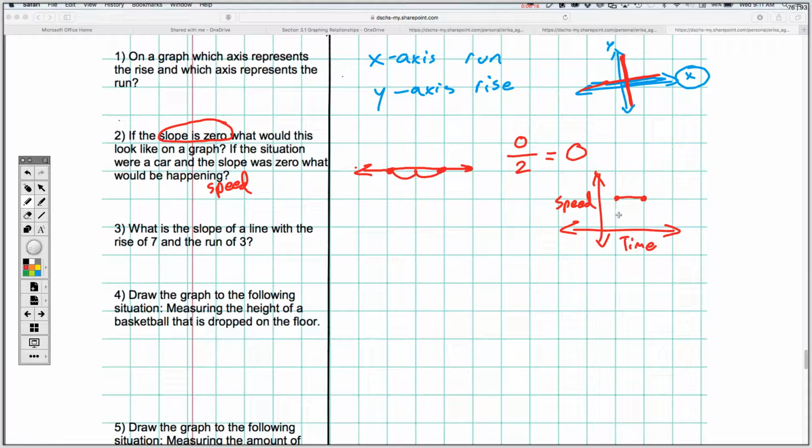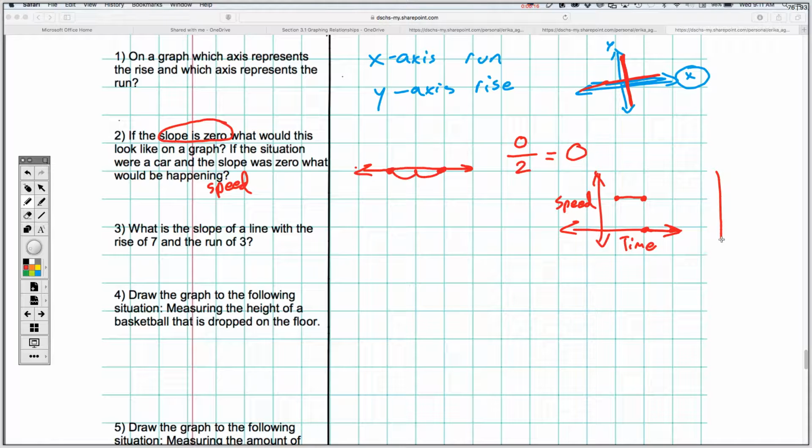So, wait, does that mean that he's going 0 miles per hour? This is speed? So what does it mean? Okay, that he's going at a constant speed. If he stopped, it would be from here to here.